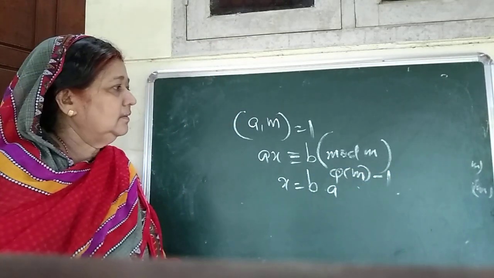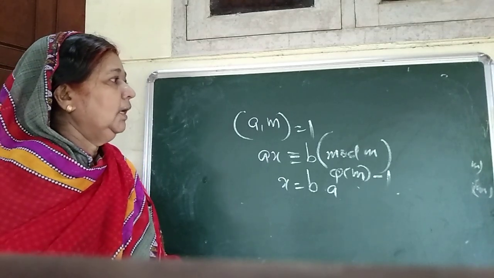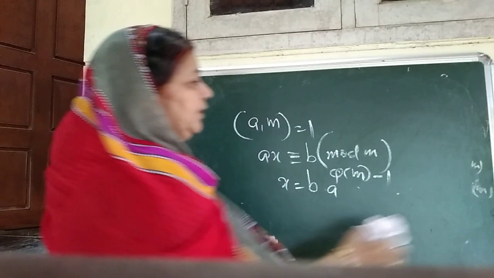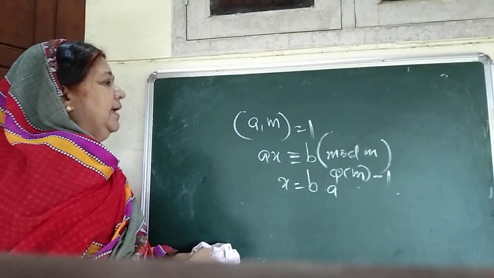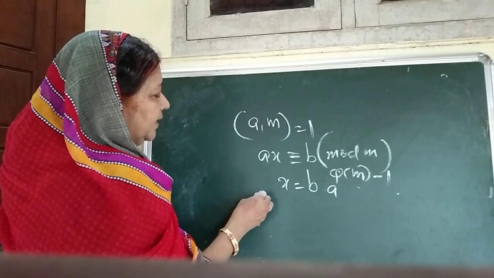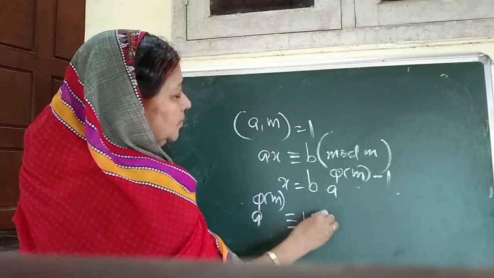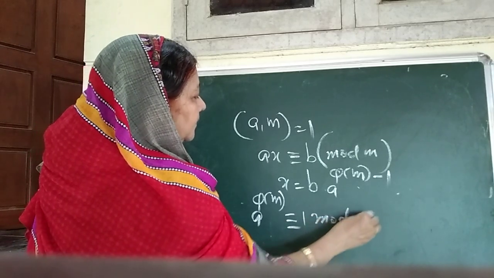It's very simple. We all know by Euler's theorem, a raised to phi m is congruent to 1 modulo m.